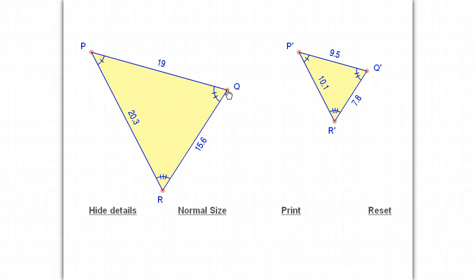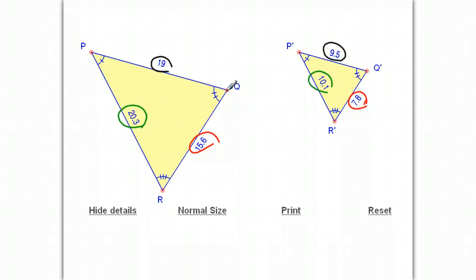Notice that this triangle is similar to the other one. This side is half of that side. And that's kind of what we mean by the corresponding sides in proportion. In this case, that's all true. This side here is half of this side. And finally, this side here, this 10.1 approximately, is half of 20.3.